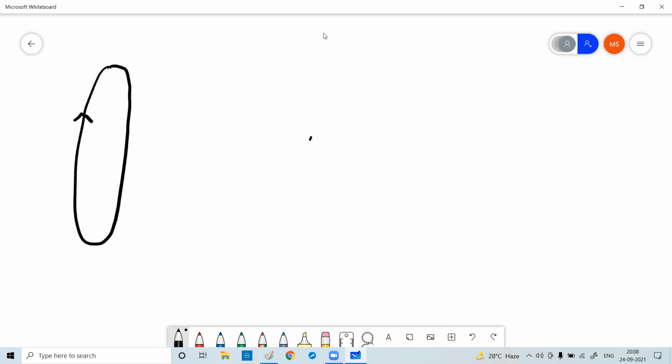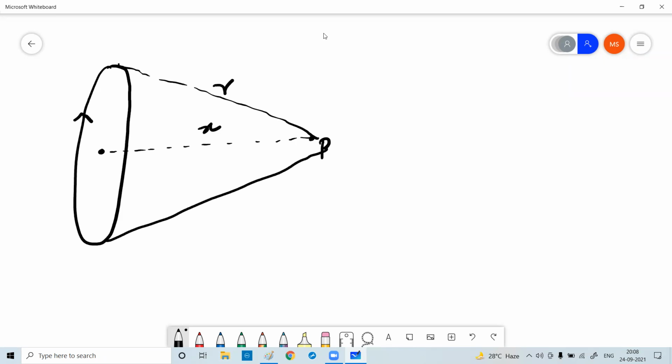And I am considering a point P at some distance X from the center of the circular coil. If I draw a line here, this is the direction R or length R. It is like a cone.